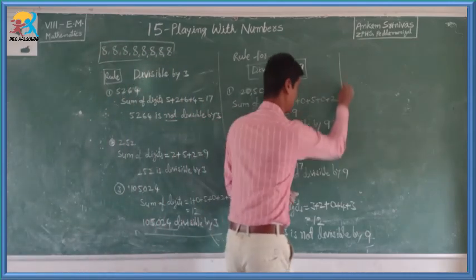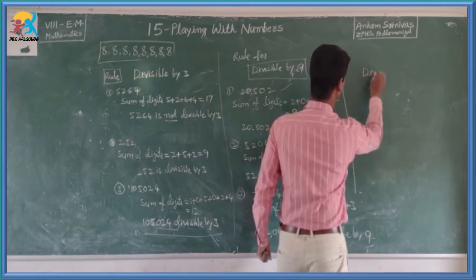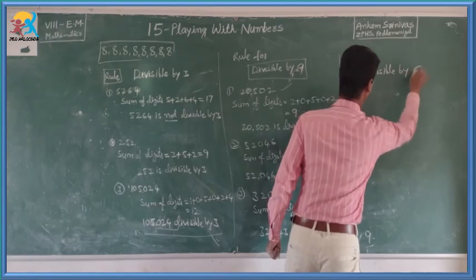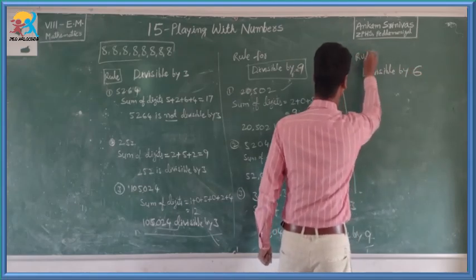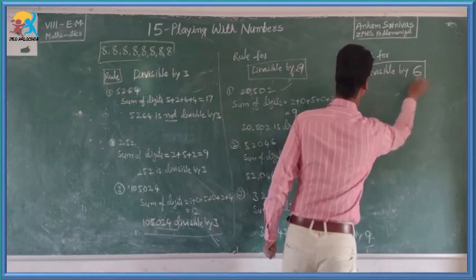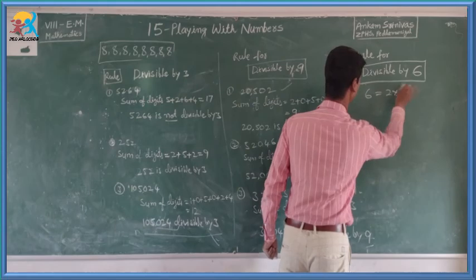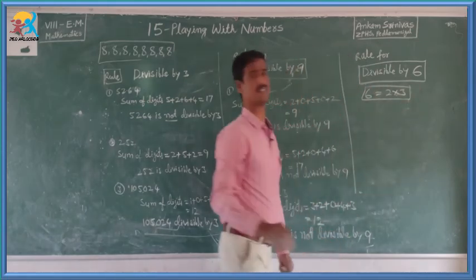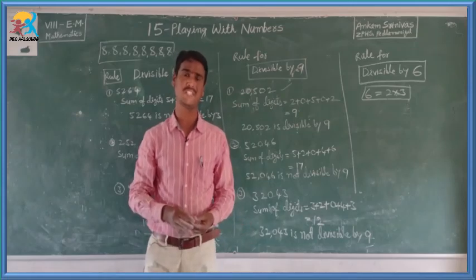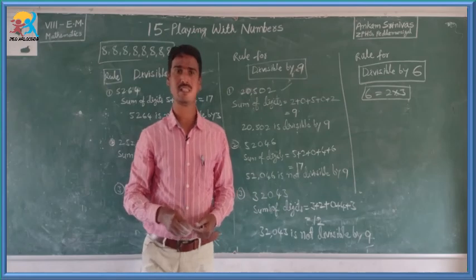Now let's check divisibility by 6. Rule for divisible by 6: 6 can be written as 2 into 3. So my dear children, if a given number is divisible by 2 and 3, then that number is divisible by 6.